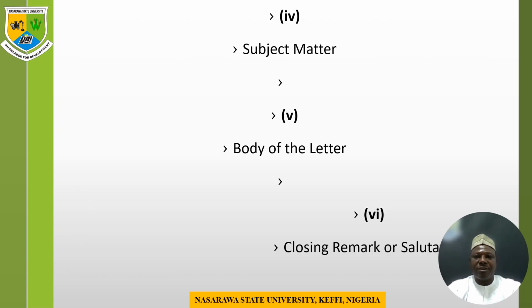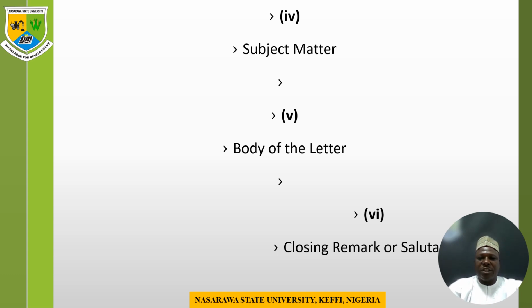While Roman numeral 4 is showing you where the writing of the subject matter, which is, if you like, the topic or the issue of concern to the formal letter, is written. Normally, as you can see, it is centralized. While numeral 5, which is V, is indicating to you what is represented as the body of the letter.